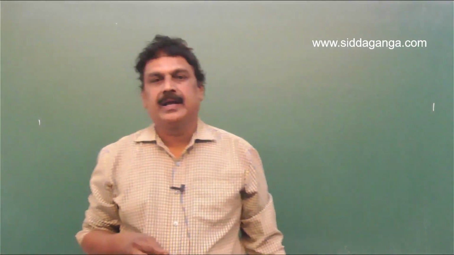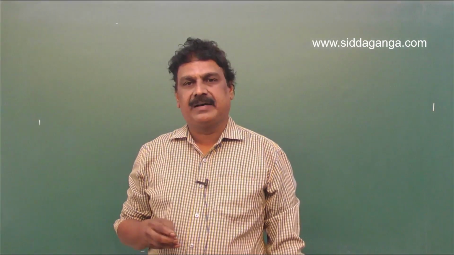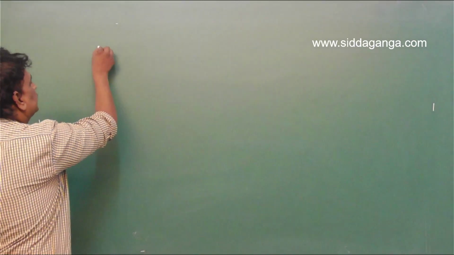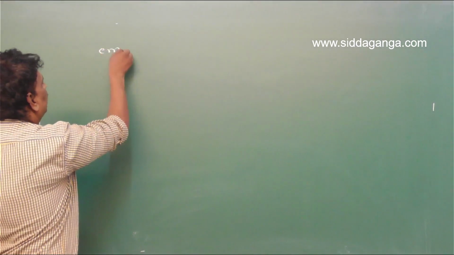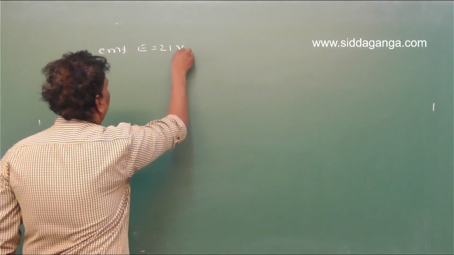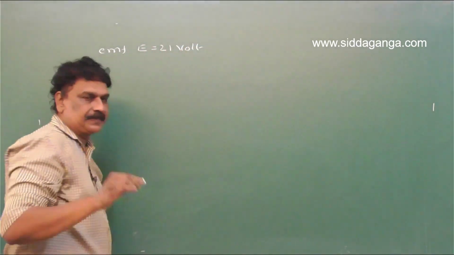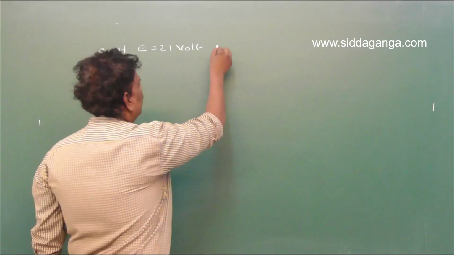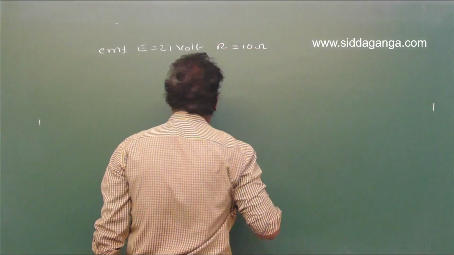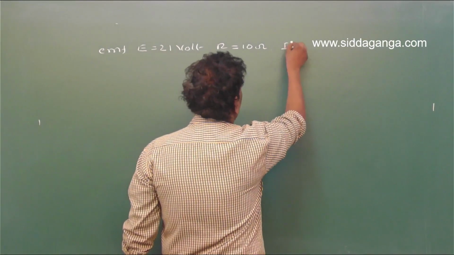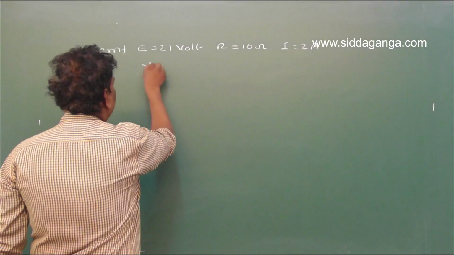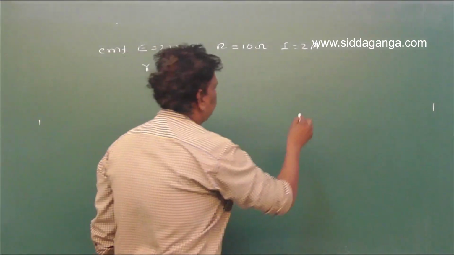Right. We are given a cell of EMF E equal to 21 volt. When connected to an external resistance of 10 ohm, it gives a current of 2 ampere. We need to find the internal resistance of the cell.